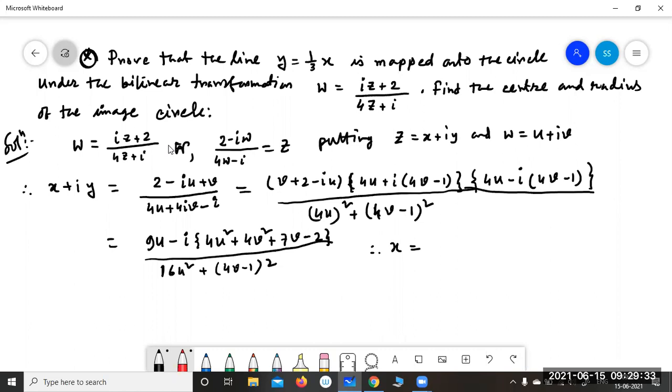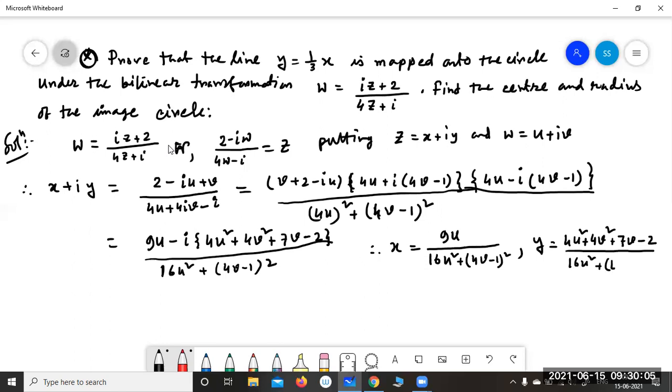Equating the real and imaginary parts, we get x = 9u/(16u^2 + (4v - 1)^2), and y = (4u^2 + 4v^2 + 7v - 2)/(16u^2 + (4v - 1)^2).